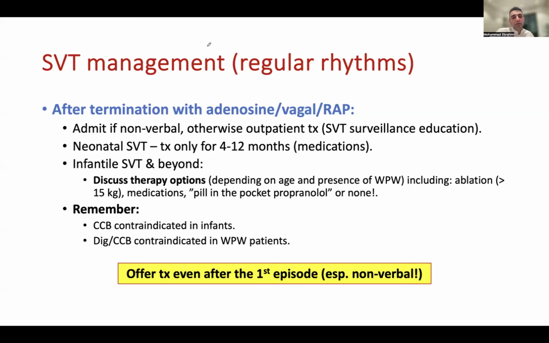Okay. And for ablation in France and in guidelines, if we have children with WPW syndrome and he is stable with medication, under 5 years, we don't do ablation, or like you said under 15 kilos, just antiarrhythmic treatment.